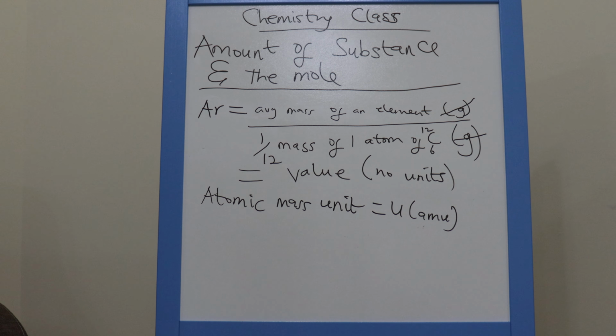On the carbon-12 scale, one atom of carbon-12 isotope is therefore taken to have 12 units of atomic mass. So on the carbon-12 scale, one atom of carbon-12 has 12 units of atomic mass unit.